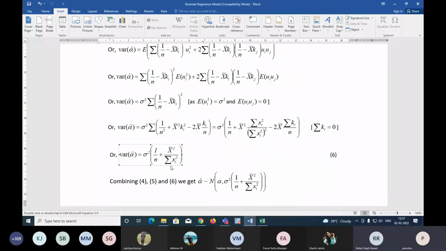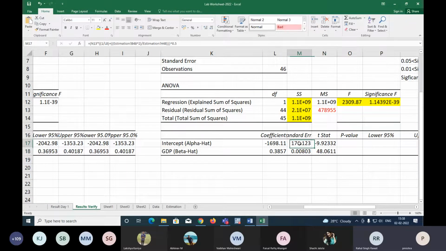So what we are doing here is simply replacing sigma square with sigma hat square, and then we are using this formula: 1 by n plus x bar square divided by summation of small xi square, the whole multiplied by sigma hat square.